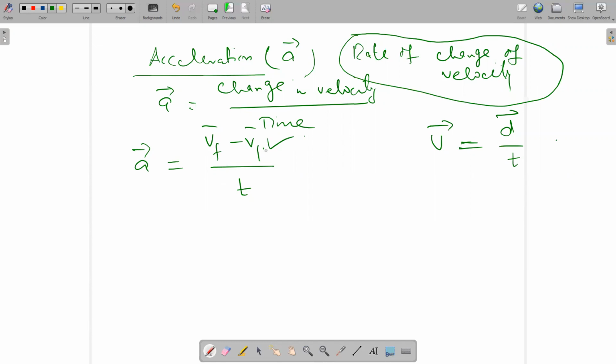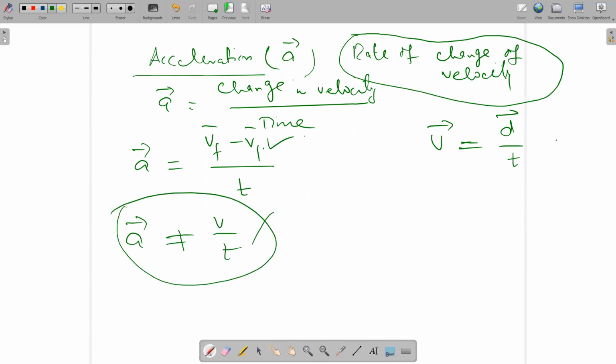But this change is very important. You cannot write acceleration is equal to v over t. This is wrong. But you can write velocity is displacement over time. Here you cannot write like this. This is wrong.